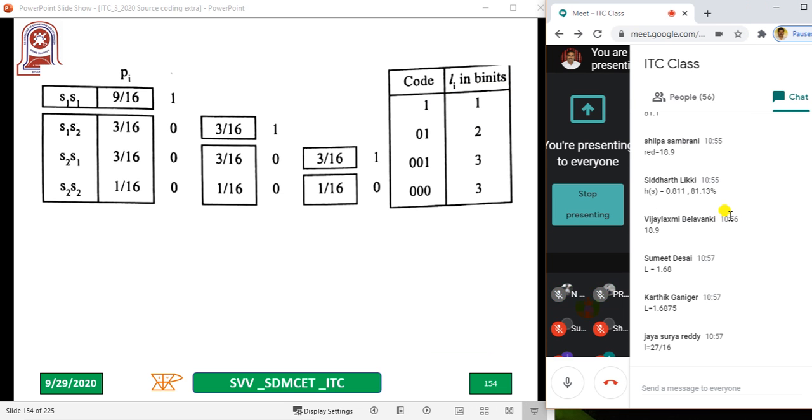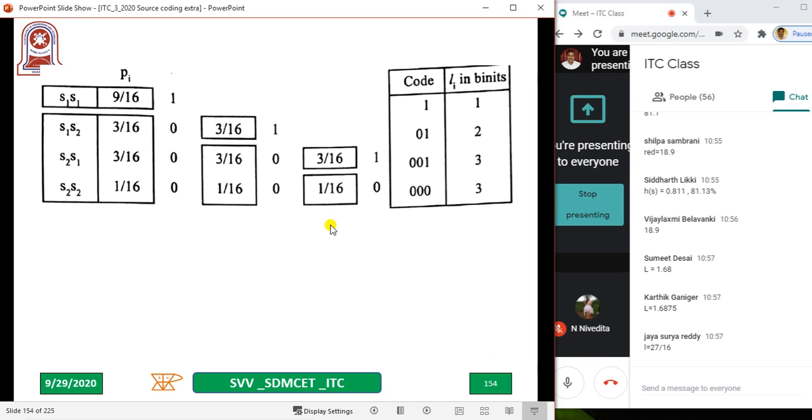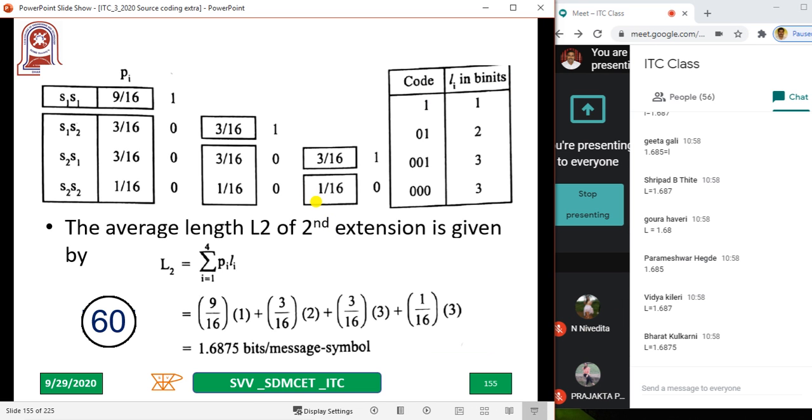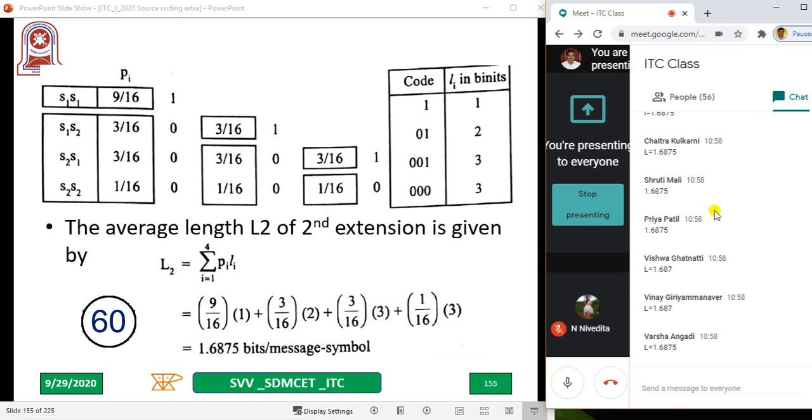I think Karthik has typed, Jaisurya has typed. Okay, I'll show you the average length. Average length I got 1.6. Vidya has typed, Bharat has typed, Parameshwar has typed. Very good. Gaura, Shilpa, Shripad. Answers are same. Varsha, Vinay, Amrita.